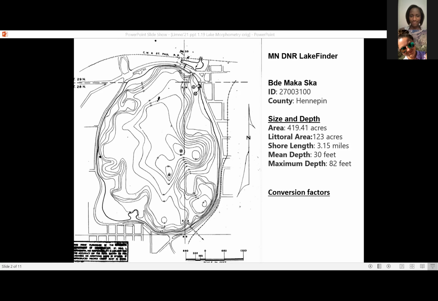It's useful to remember that 10 acres is about 4 hectares. And that's important because that's the division between lake or not a lake in Minnesota.